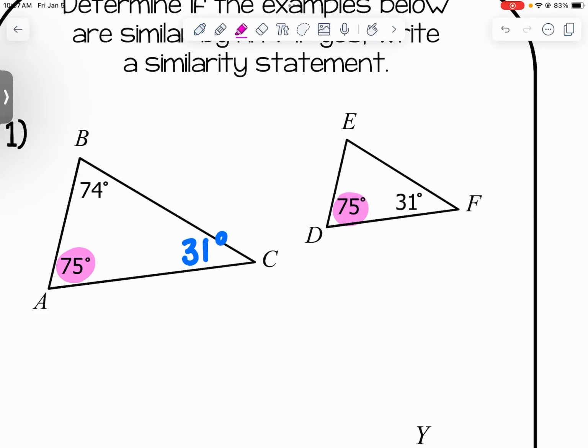Okay, so we know that these two angles are congruent. If we know two of the angles are congruent, doesn't that automatically make the third one the same? Right? Since we can pick two pairs of angles that are the same, we know without having to do the math that the third pair of angles are going to be the same.